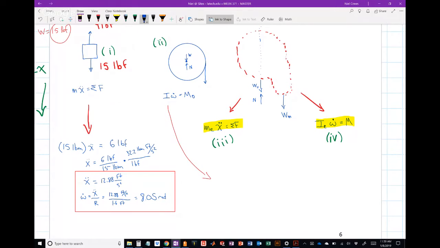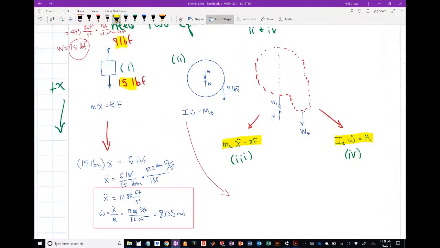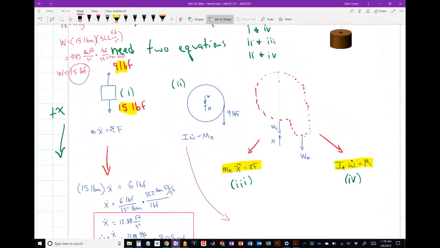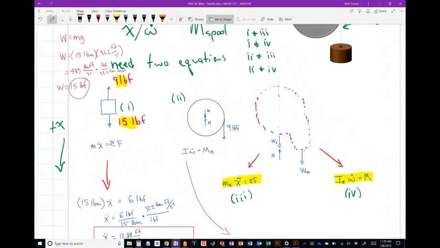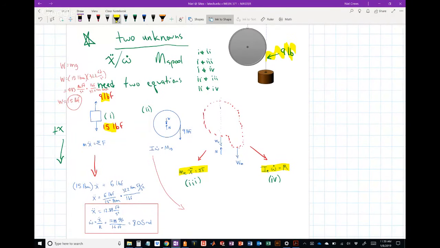But we do have this one. And so this force here is going to be 9-pound force. It's not going to be the 6 that comes from here. It's not going to be the 15 pounds. What the spool knows is that that string is pulling, and it's a 9-pound force with which it's pulling.